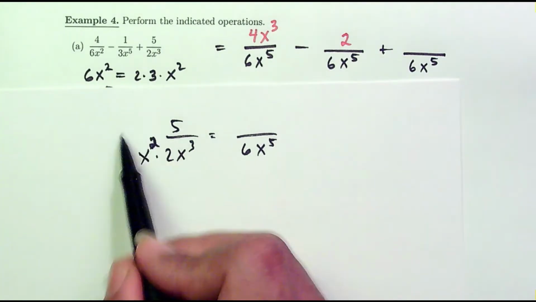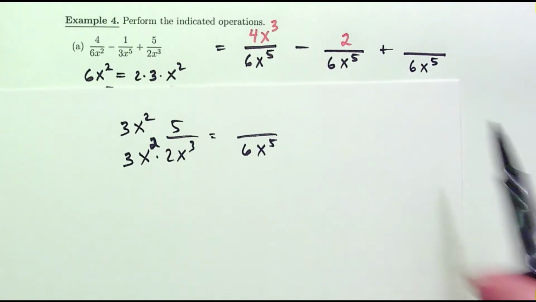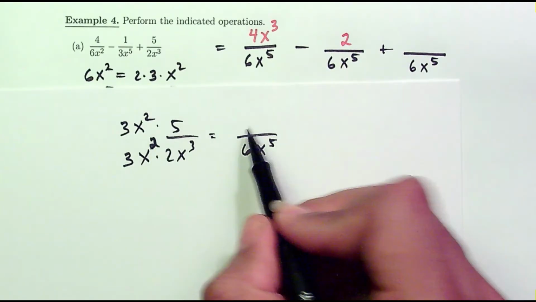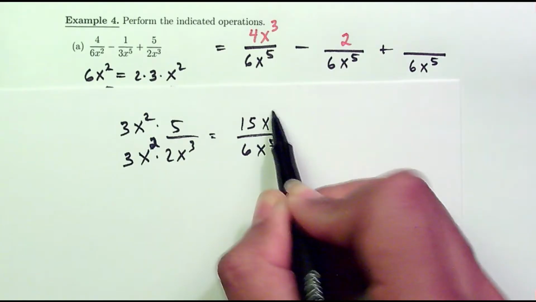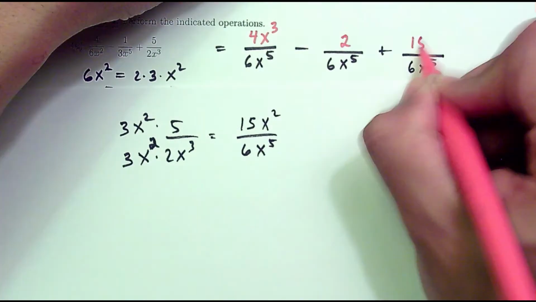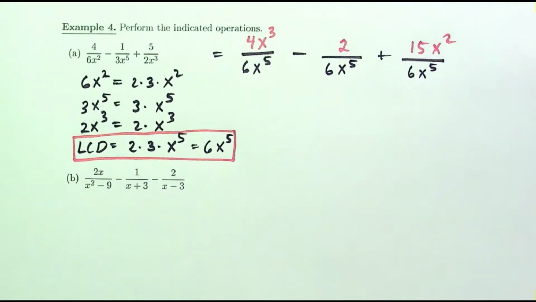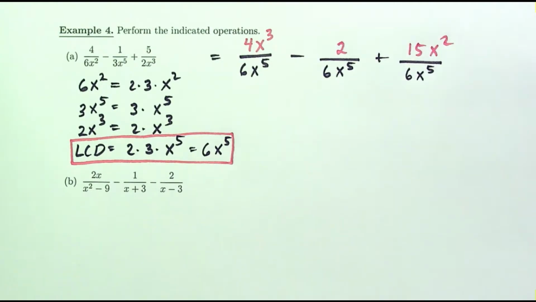So I need to multiply top and bottom by 3x squared. If you multiply the top by 3x squared, that's going to become 15x squared. So that's going to become 15x squared.